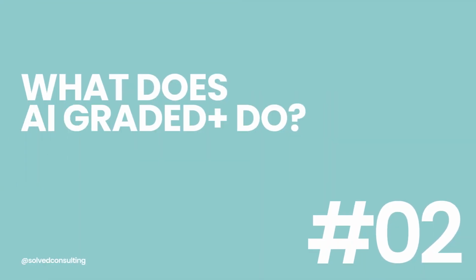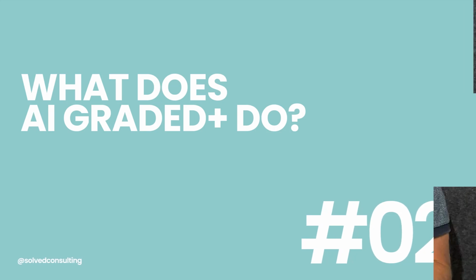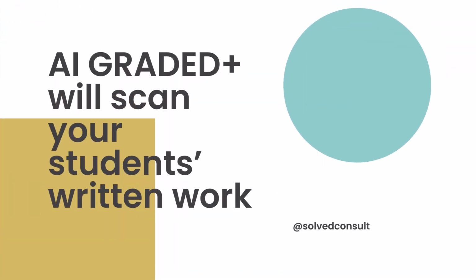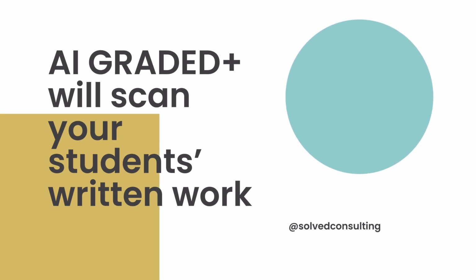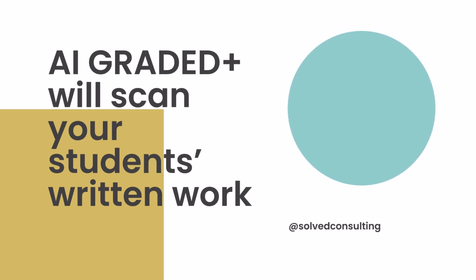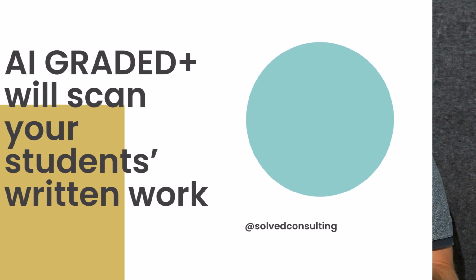Yes. How does it do that? The way this thing is going to save you time is it is going to scan all of your kids' written work, right? It's going to read their name. It's going to read what they have written about the question you gave them. So if it's a writing prompt, it's going to read the prompt. It's going to read the question.